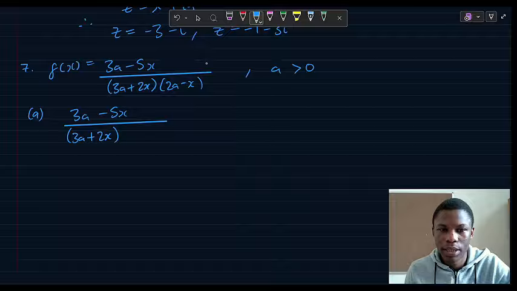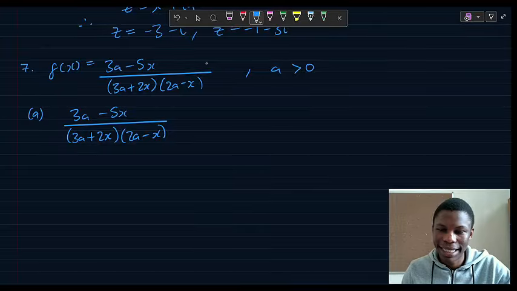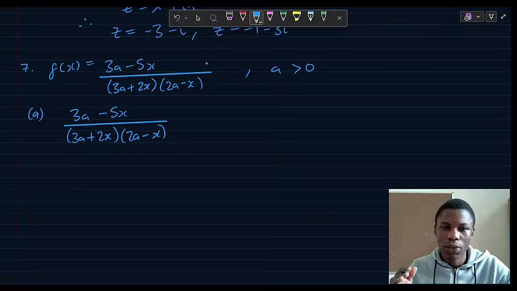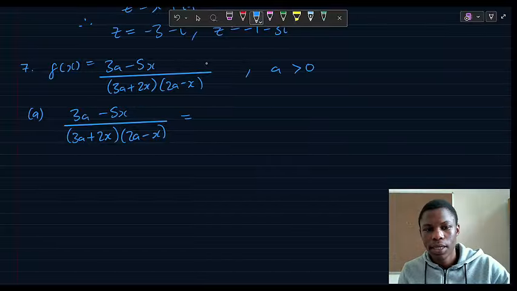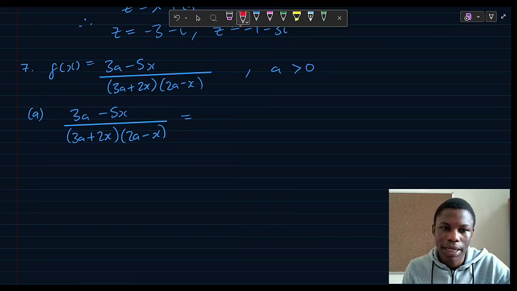Don't be intimidated by Cambridge throwing in that a all over the place. Just treat it like you would any other number. It's a constant, so it's like a 2, a 3, a 4. How you treat those is exactly how you treat your small a. So in this case, I'm dividing by 2 linear factors.